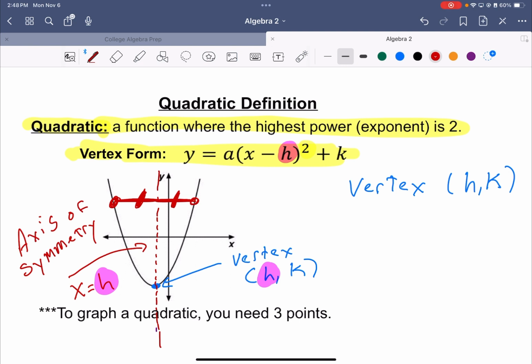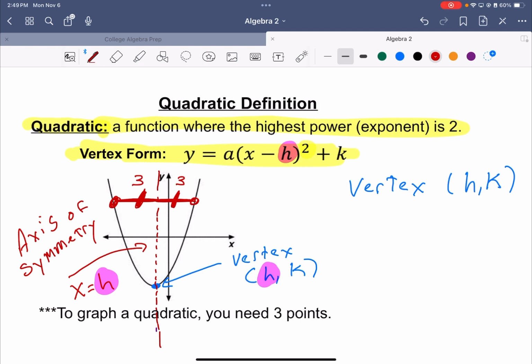So if I know this distance is 3, this distance is going to be 3 as well. That's what symmetric means. It's going to be the same distance as long as we draw a line that's parallel to the x-axis. It's going to be congruent on each side.